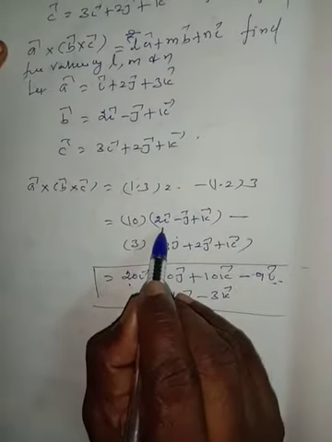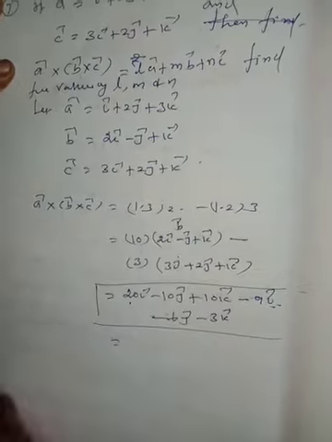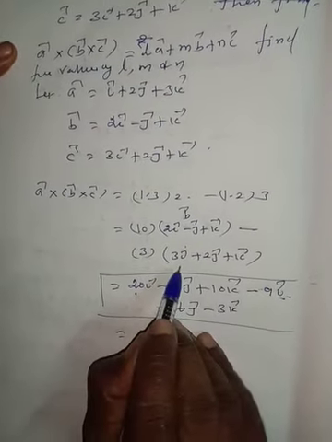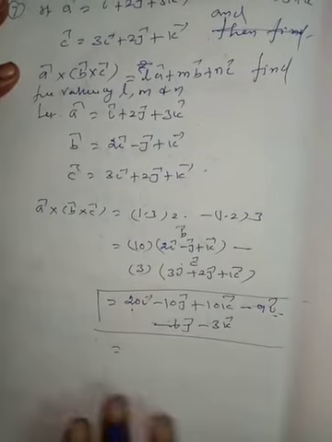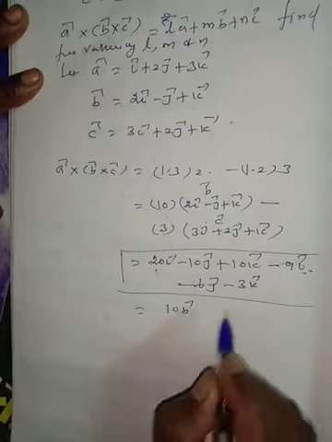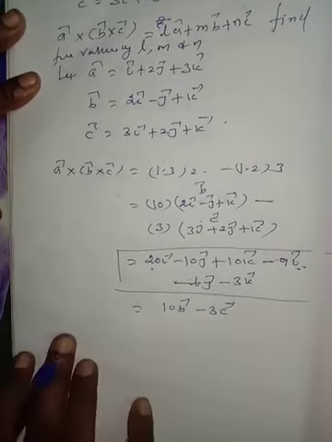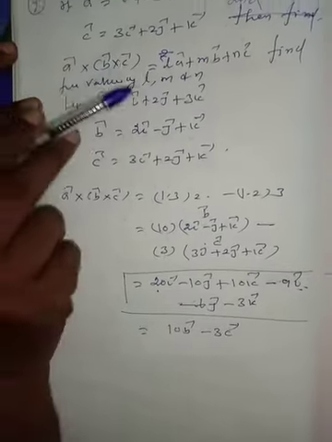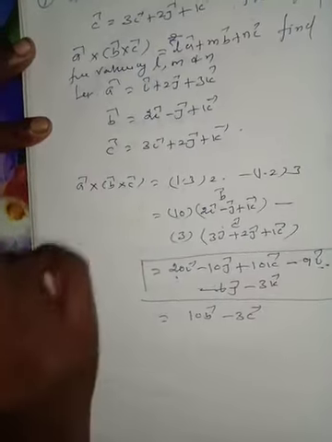Let us take 2I vector minus J vector plus K vector as B vector, and 3I vector plus 2J vector plus K vector as C vector. Therefore 10B vector minus 3C vector. The comparison is with LA vector, MB vector, NC vector.